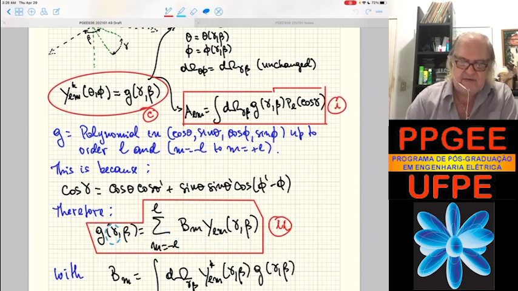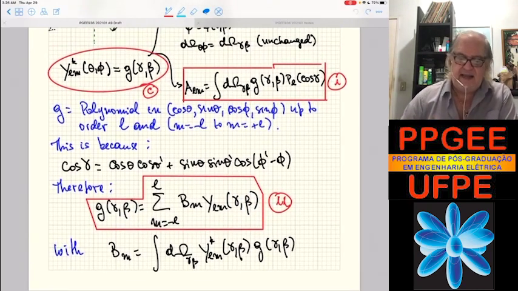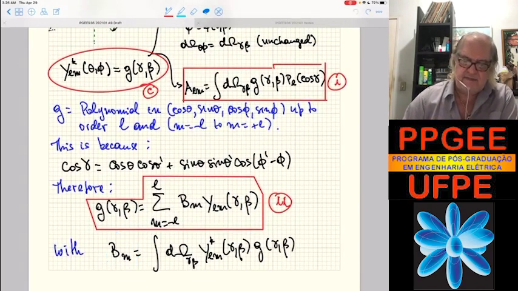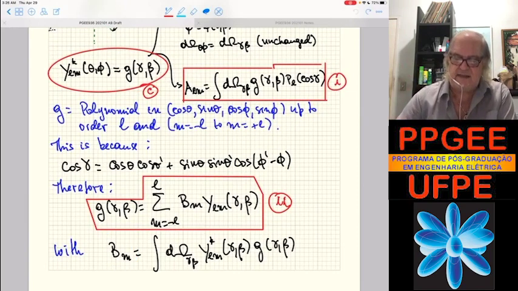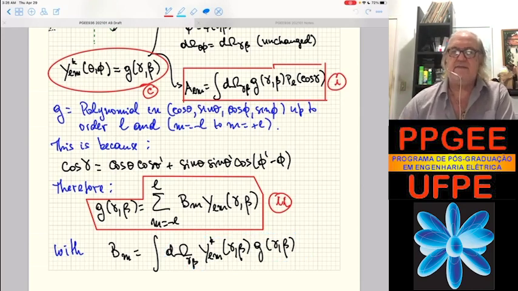If this function is a function of gamma and beta, my spherical harmonic is going to be a function of gamma and beta. You're going to have these coefficients, and then I can calculate this coefficient, again, using orthogonality, integrating in gamma beta space, right?